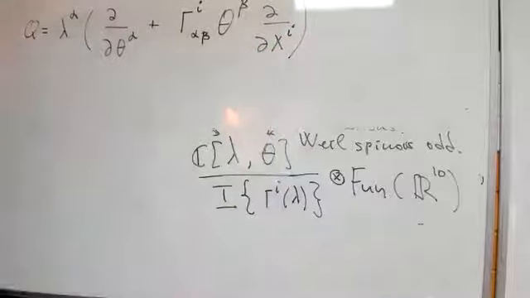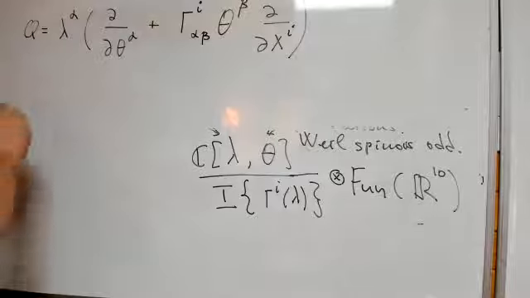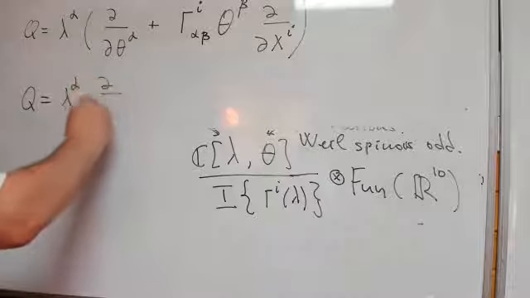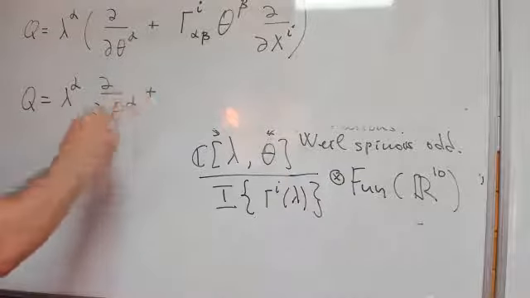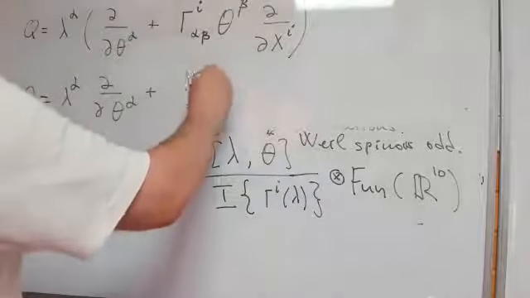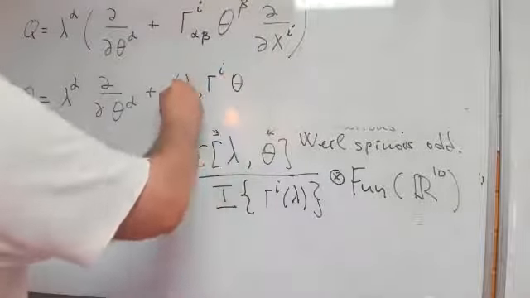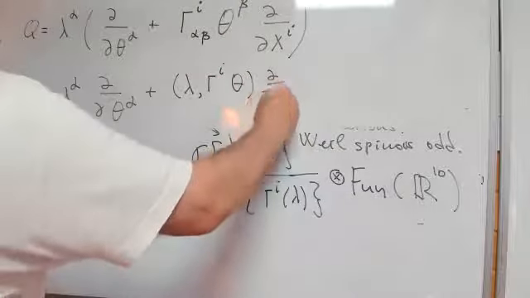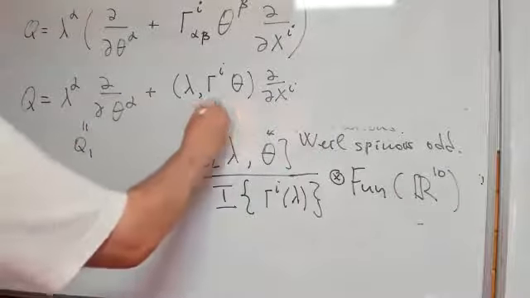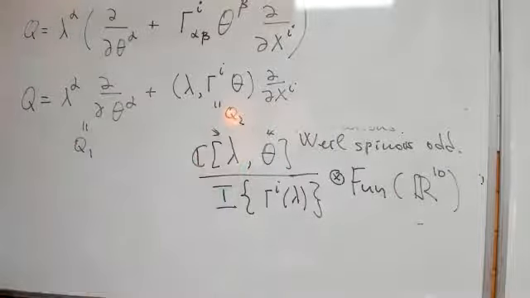It's one way to write this Q. There is another way to write this Q. Actually, what are the gammas above?